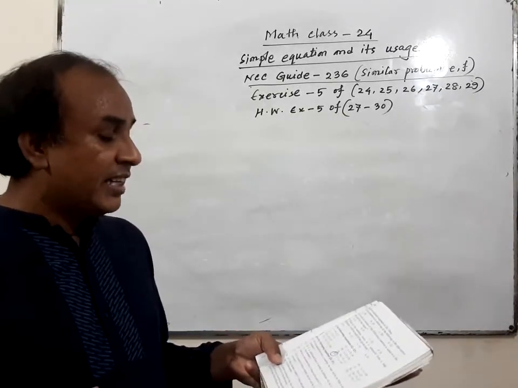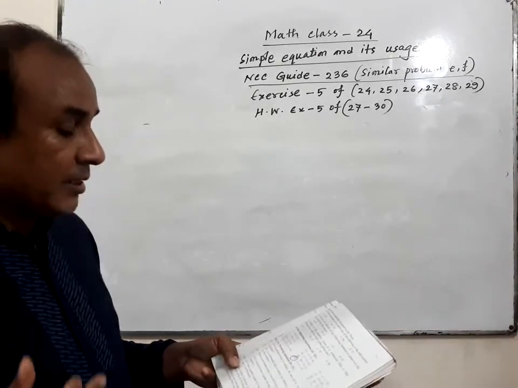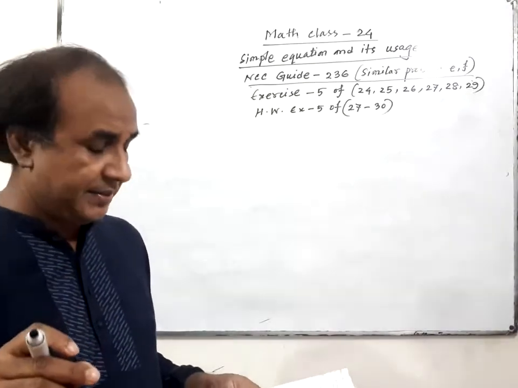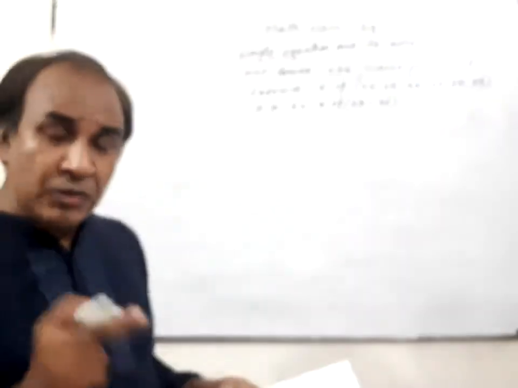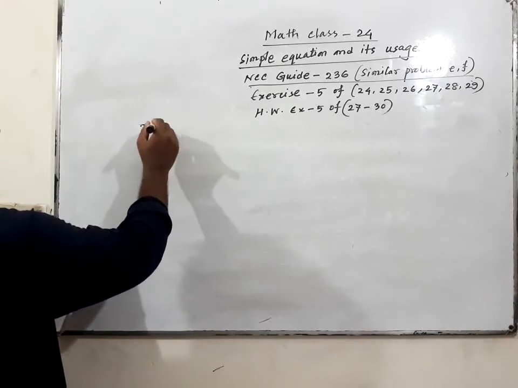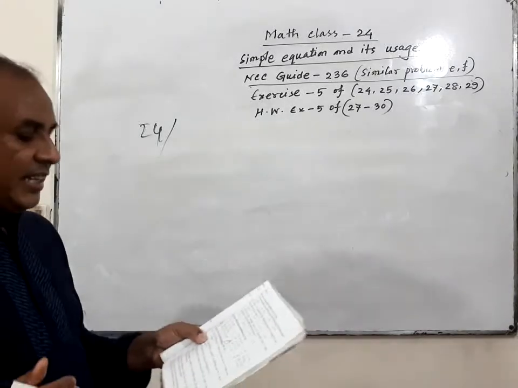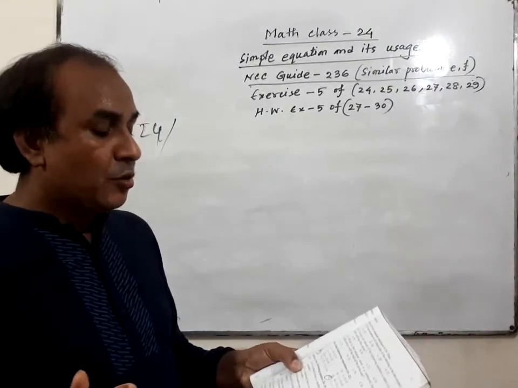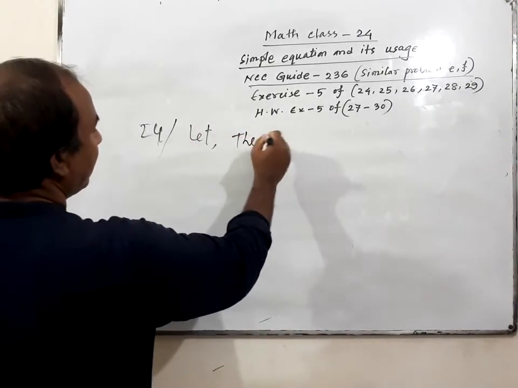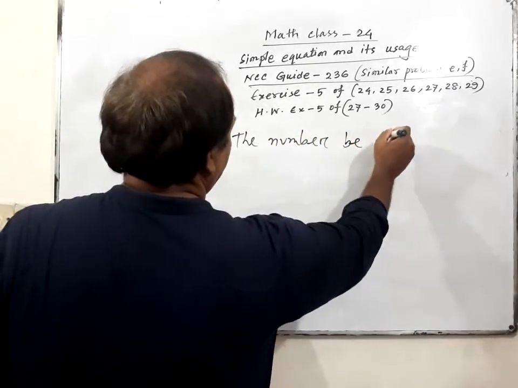Number 24. If 6 is added to twice a number, the sum will be 14. What is the number? So dear students, we have to find out the number. The number is not available here, so firstly we have to let the number be x.